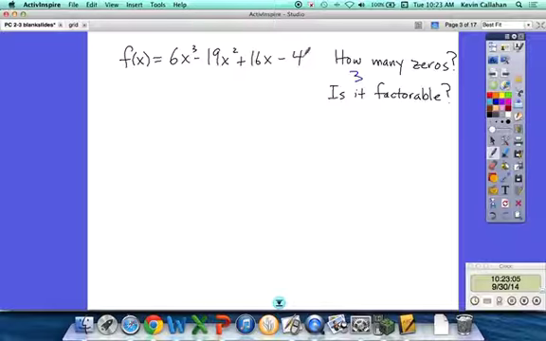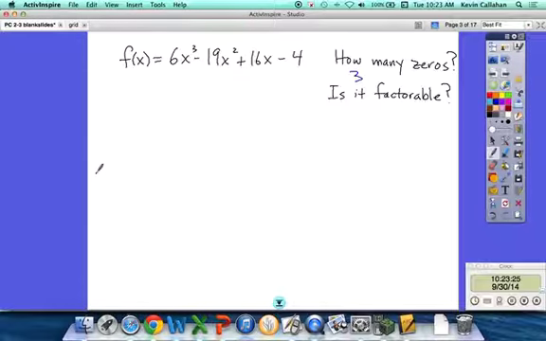Usually the way you start a problem like this is you put it in the calculator and see if you can identify a 0 by looking in the calculator. And we know what we're looking for there, right? What will we look for? We're looking for where it crosses the x-axis. So put that in. You could do it faster than I can do it up here.